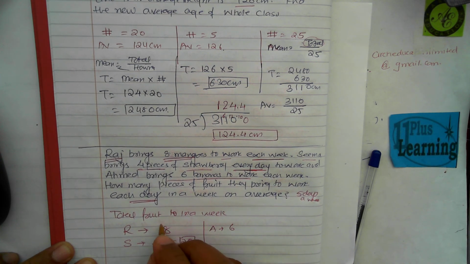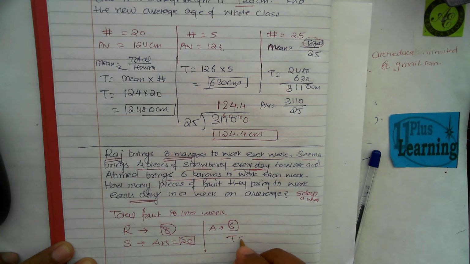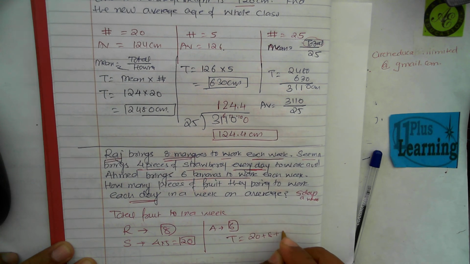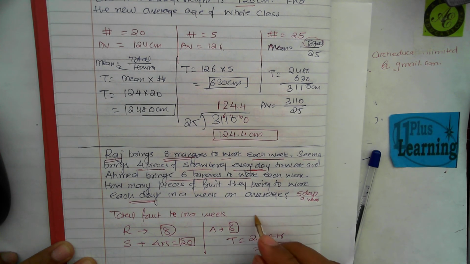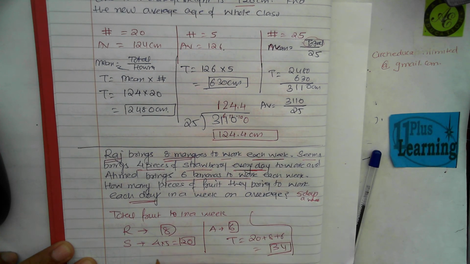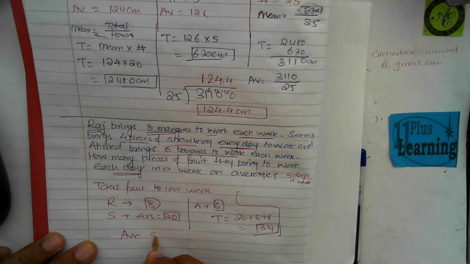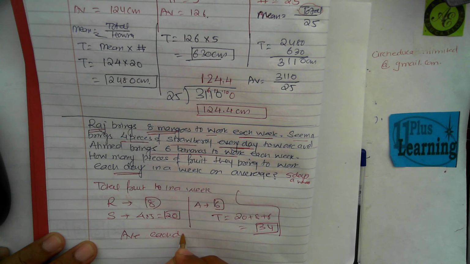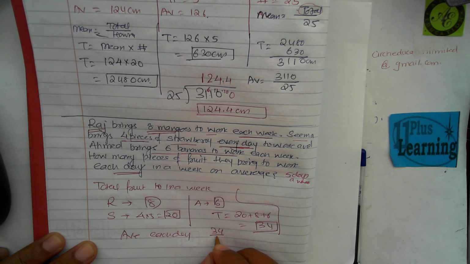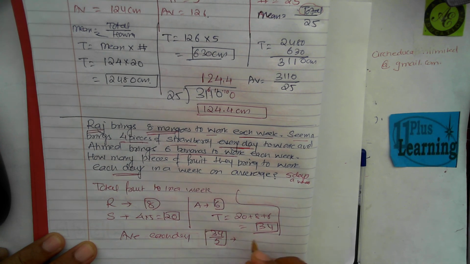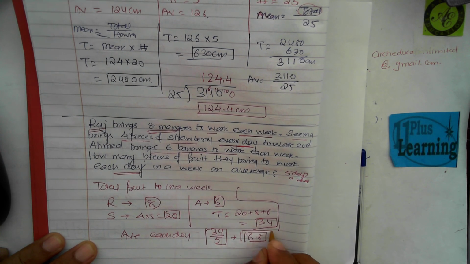So total pieces of fruit they bring to work would be 20 add 8 add 6, is 34 pieces. And how many days do they work for? So they work for 5 days. So the average each day is total number of fruit 34 divided by total number of days 5. If you figure that out, that'll be 6.8 fruits each day.